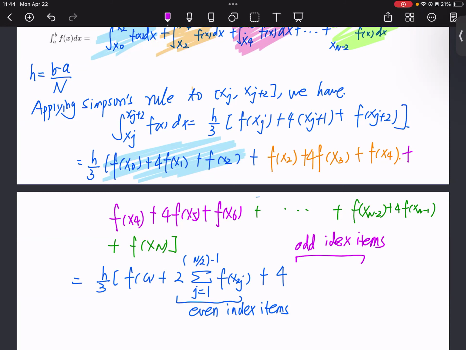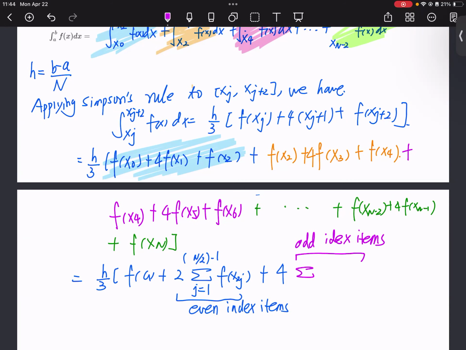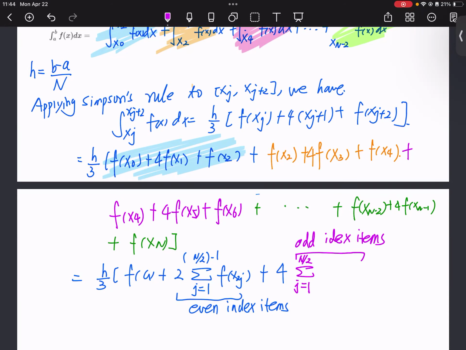And the odd index items, I can write with j equals 1, summing up from j equals 1 to n divided by 2, and the odd index could be expressed as 2j minus 1.